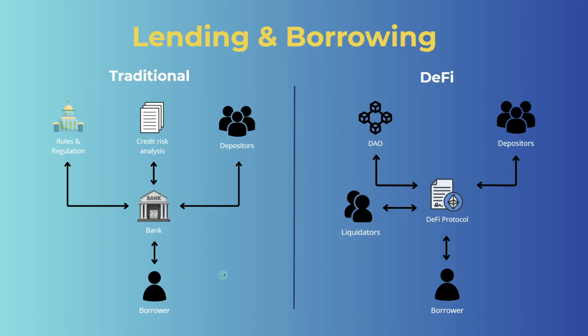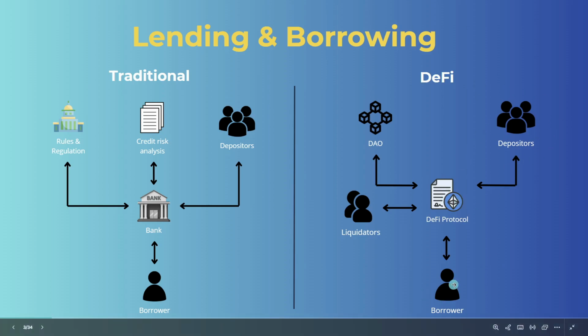In Web3, we want to remove the middleman here. So this process of lending and borrowing is handled by the DeFi protocol. The DeFi protocol is basically a smart contract that allows people who want to lend money, depositors, and people who want to borrow money to match.